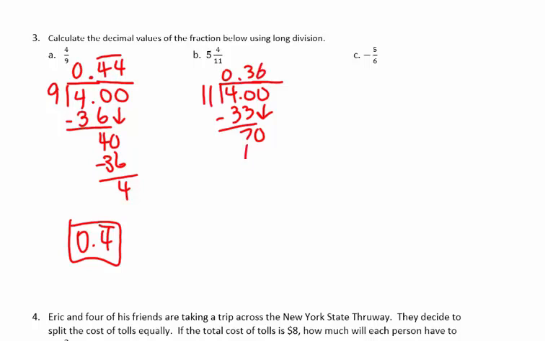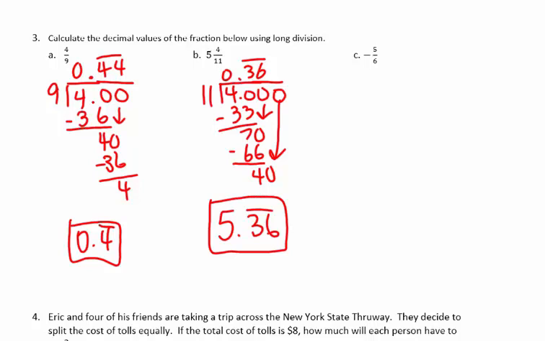Now that's 6. 6 times 11 is 66. And I notice now it starts repeating right there. So 4/11 is 0.36 repeating, but I have the 5 out in front, so it's 5.36 repeating. Don't forget about the whole number.